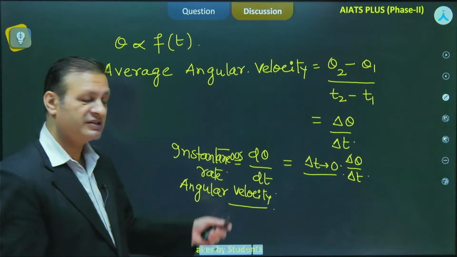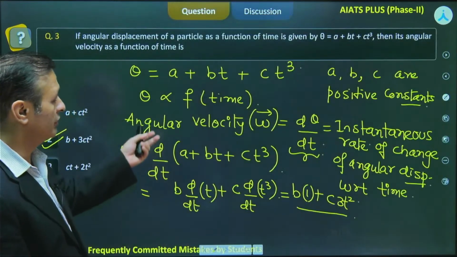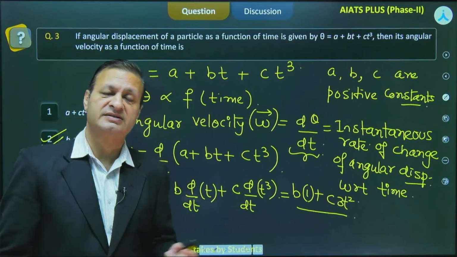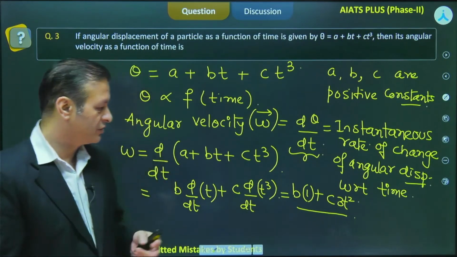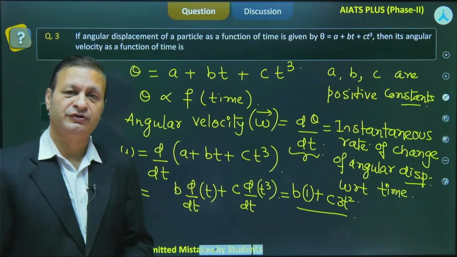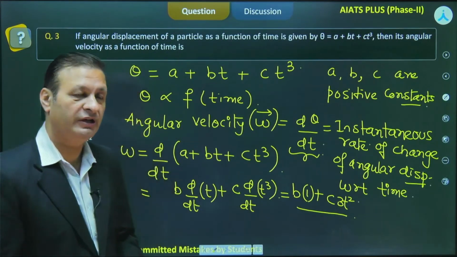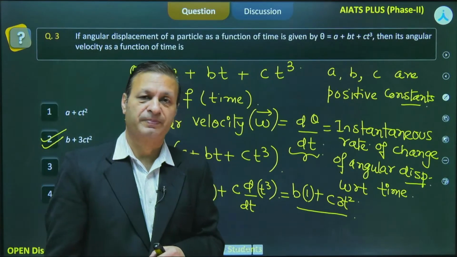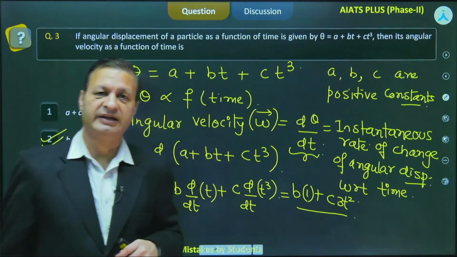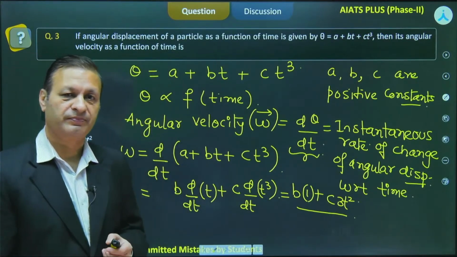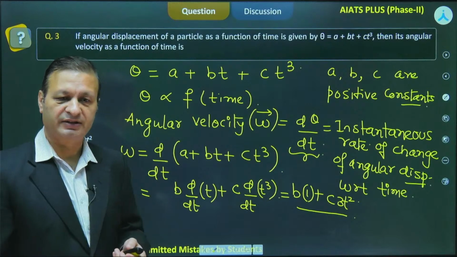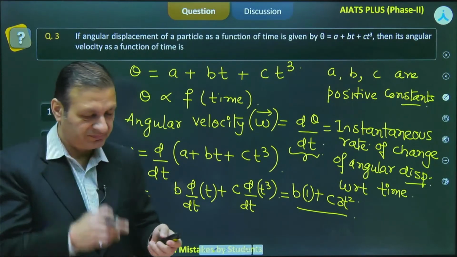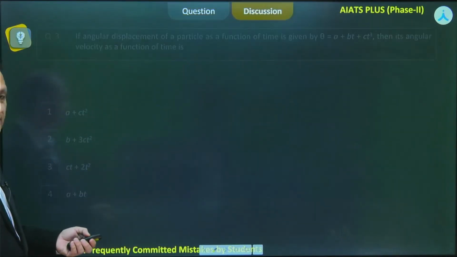If they ask you the instantaneous rate, which was the actual question, angular velocity as a function of time, then you simply differentiate your function with respect to t, and that will give you the angular velocity. Any doubt, anything else you would like to confirm? I hope you all are getting it. So shall we move? Fine.